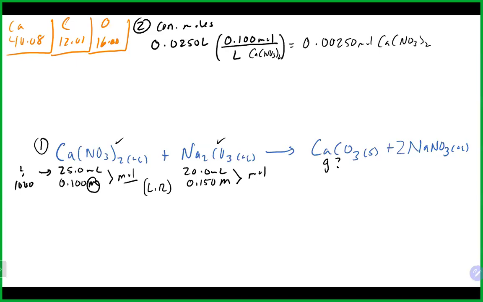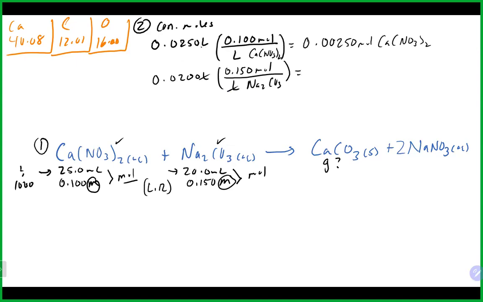We're going to do the exact same thing for our other reactant. We're going to take this guy here, divide it by 1,000, which will give us 0.02 liters. We will also get rid of the big M and use the molarity properly here as a conversion factor of 0.15 moles per liter of sodium carbonate.